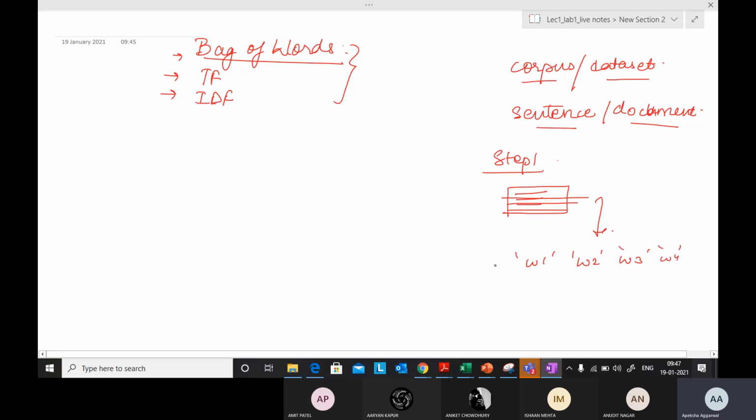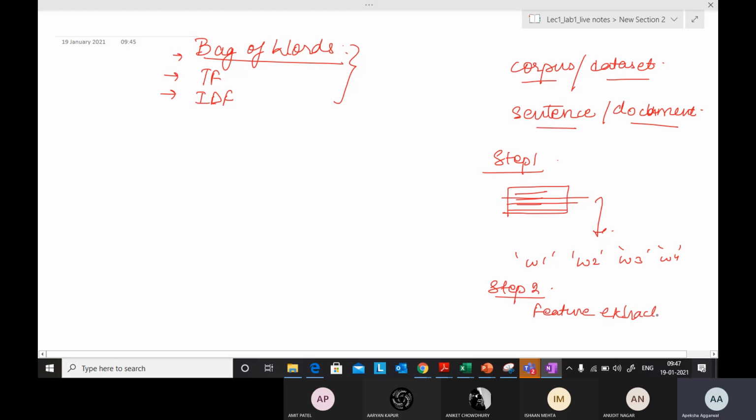Step 2 is, after we have extracted words from this, we need to convert them into vector form to train the model, giving them as input to the model. So step 2 would be feature extraction.